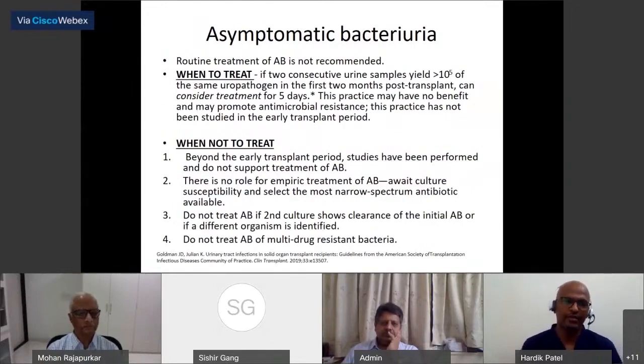Now a word on asymptomatic bacteriuria, whether to treat or not to treat. Routine treatment is not recommended. Treatment can be considered when two consecutive urine samples yield the same uropathogen in the first 2 months post-transplant, though not always, and the treatment should be of short duration.